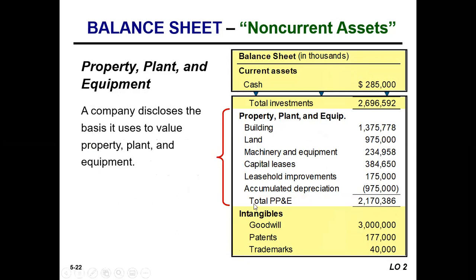And we see here that we've got just one accumulated depreciation account. So that accumulated depreciation has the depreciation for the building, the machinery, and the equipment, and any of these other things that we would have listed in there, right? Just one accumulated depreciation account.